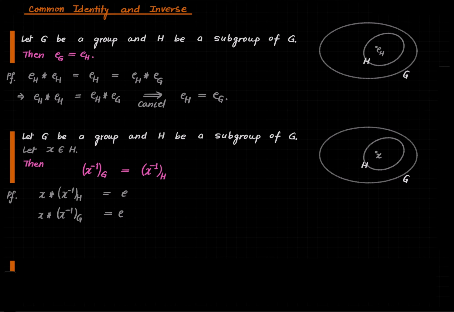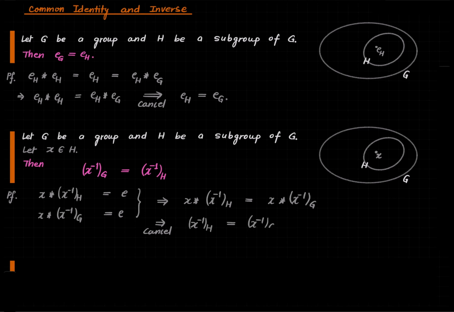And these give us that X star X inverse H is X star X inverse G. And by the cancellation property, cancel out the X, we get X inverse taken in H is X inverse taken in G.